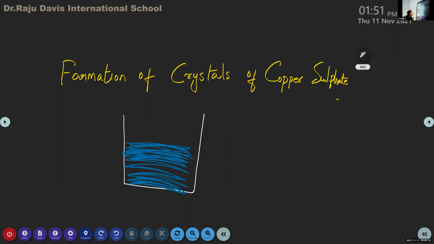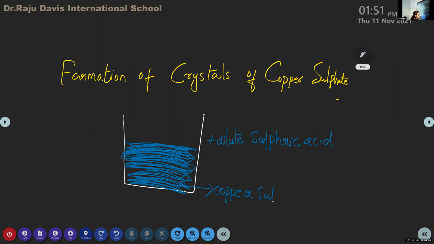Into this copper sulfate solution, we add 2 or 3 drops of dilute sulfuric acid.